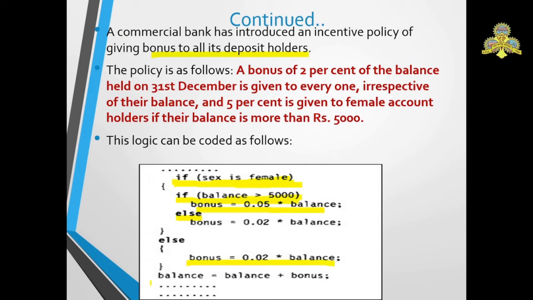Then the control is transferred to calculating the balance, that is, balance equal to balance plus bonus. Finally, the control is transferred to the calculation of balance statement.